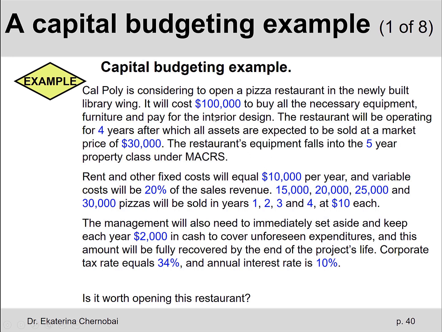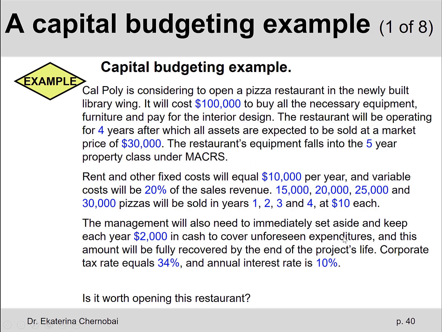And the 2 types of irrelevant cash flows are sunk costs, which is something that has already occurred before we would be making this decision regarding the restaurant. Do we have anything like that? Actually, we do not. So we don't have any sunk costs. The other type of irrelevant cash flows is financing expenses, which means anything related to a loan, making payments on a loan.